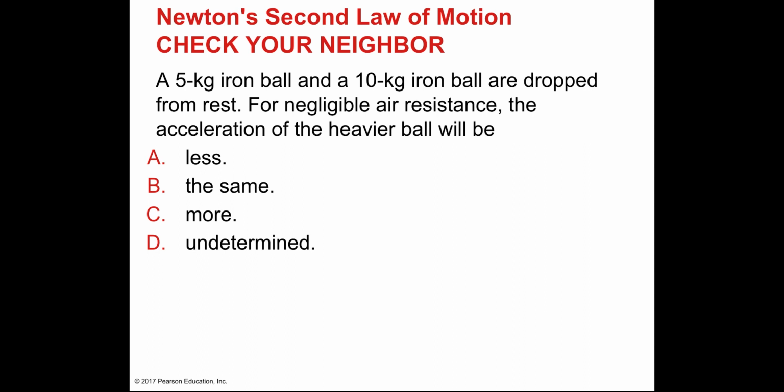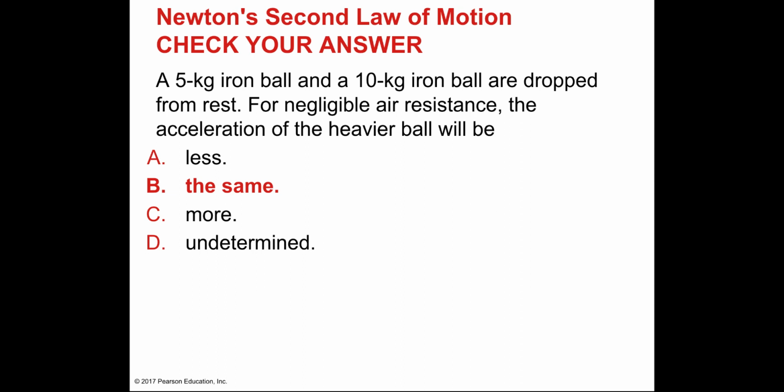So you have a 5 kilogram ball and a 10 kilogram iron ball dropped from rest with negligible air resistance. The acceleration of the heavier ball will be... Look at the masses. One is twice the other. So remember, it is weight.